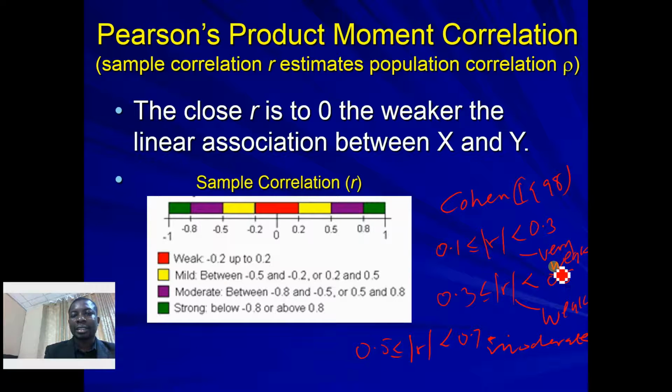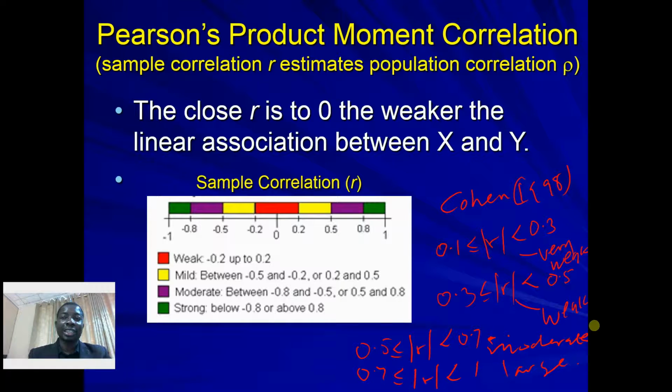And then if you look at 0.7 less or equal to R, then less than 1, we say that is large. So you see, the classifications are telling us almost the same thing, but there is a slight variation in terms of the range or the bounds.